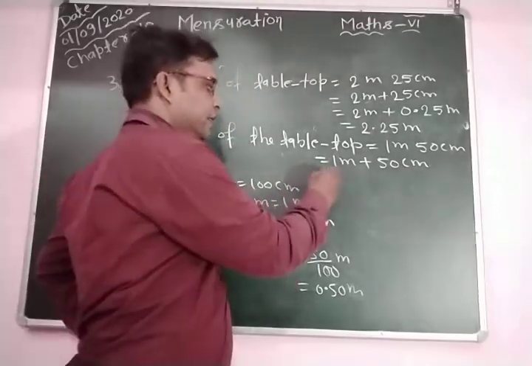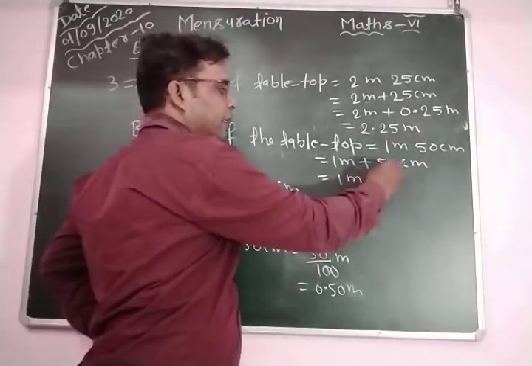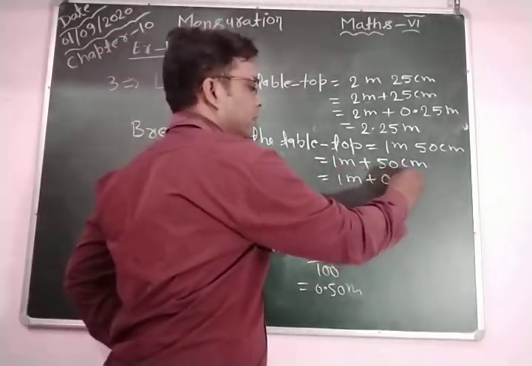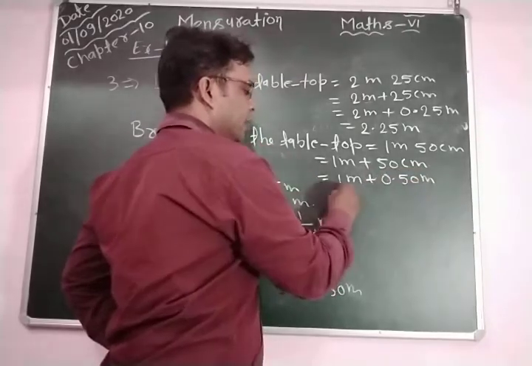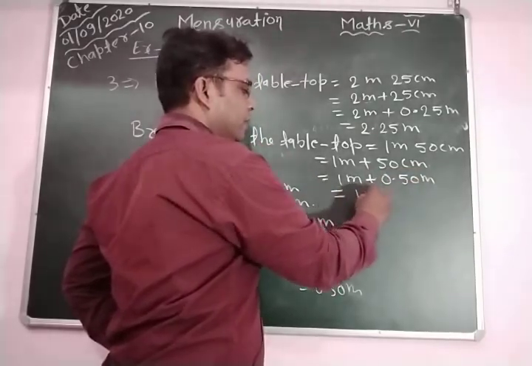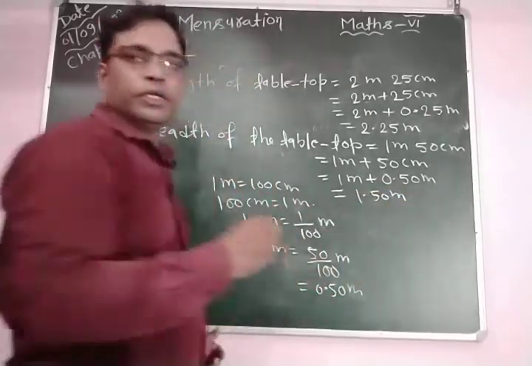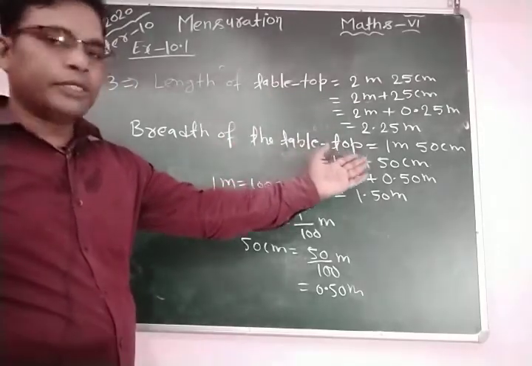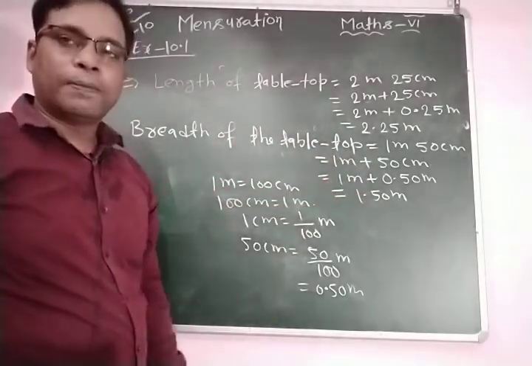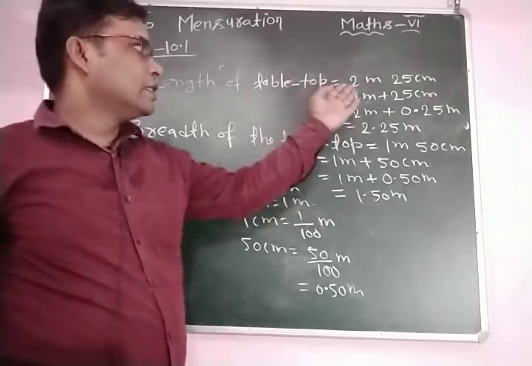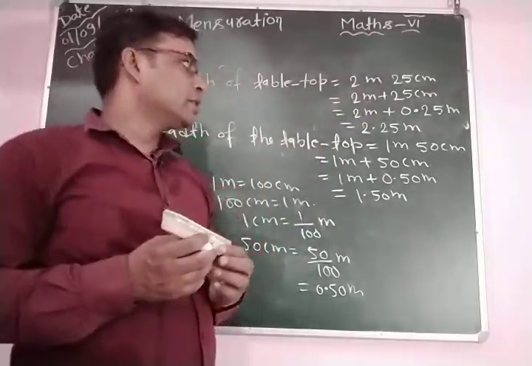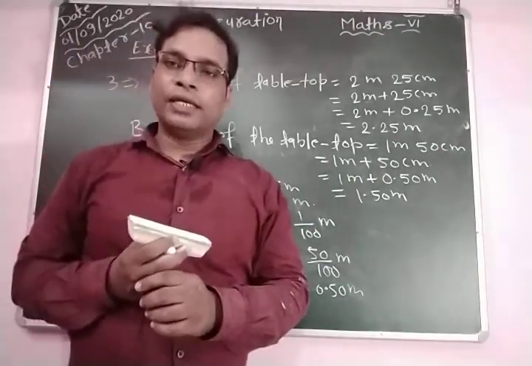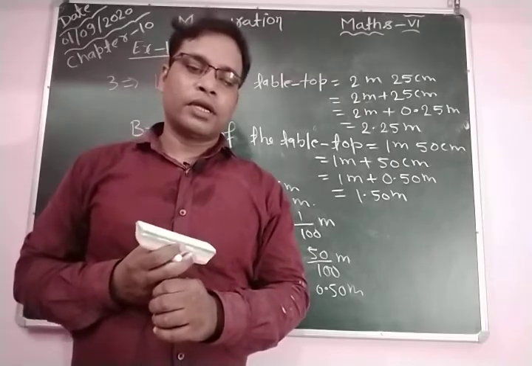So 1 meter as it is plus 50 centimeter becomes 0.50 meter. This is equal to 1.50 meters. In this way we convert 1 meter 50 centimeter to 1.50 meters, and the length, 2 meter 25 centimeter, becomes 2.25 meters.